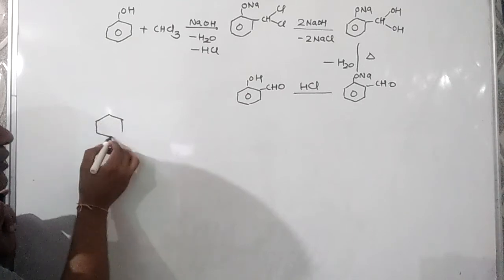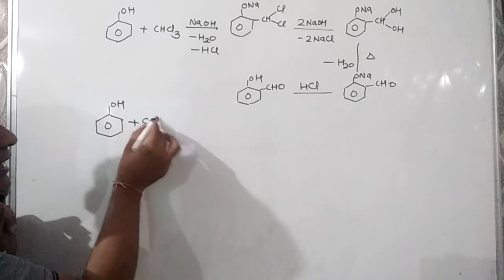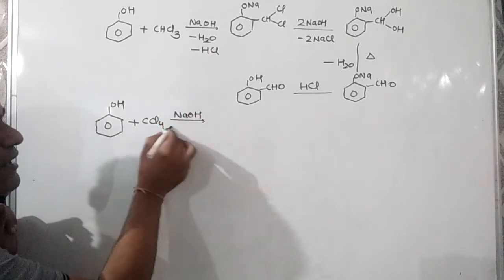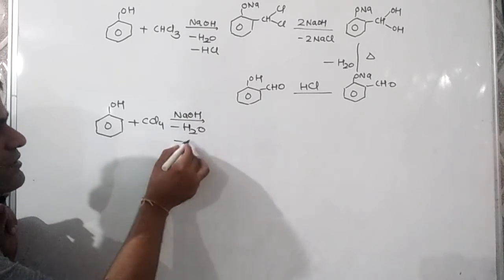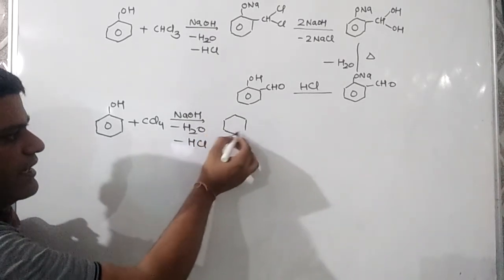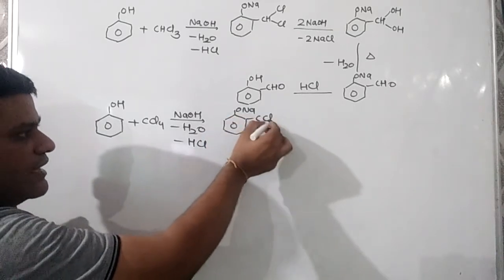Similarly, phenol can react with carbon tetrachloride in presence of NaOH. Due to it, water and HCl are removed and the product formed will be benzene having ONa and CCl3.